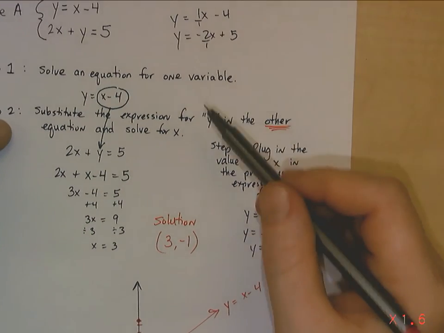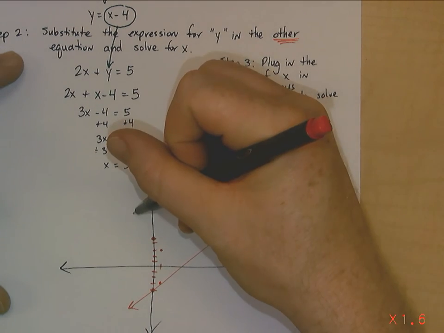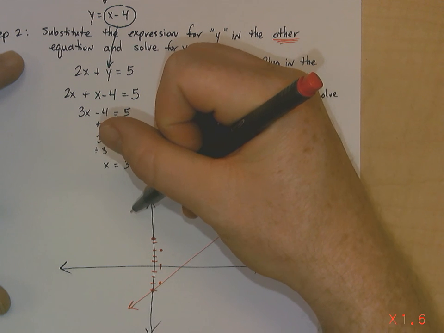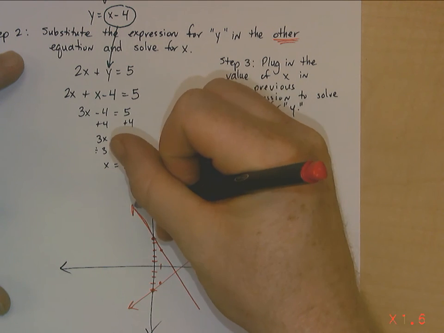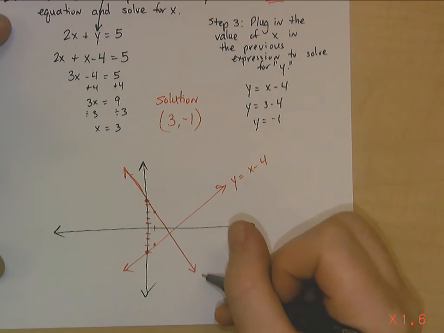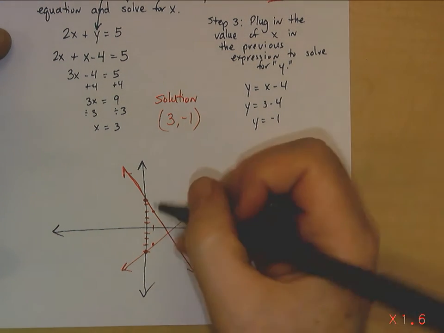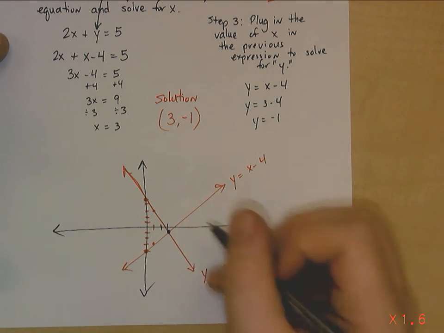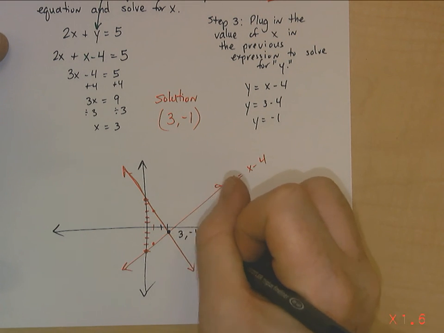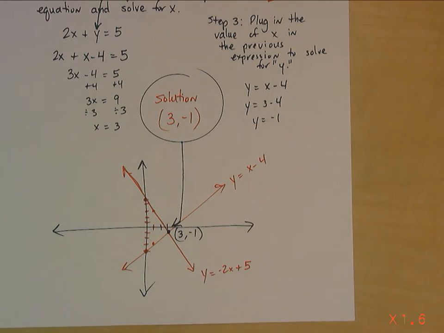But basically, we're going to go down 2 over 1, and then that's going to connect. It's not perfect, but hopefully you get what I'm doing here. y equals negative 2x plus 5. And so they should cross each other somewhere. Again, it's not perfect, but you get what I'm getting at. So it's (3, negative 1). That's where they cross each other. That is the solution. So that's example 1. I'll show example 2 here in a second.